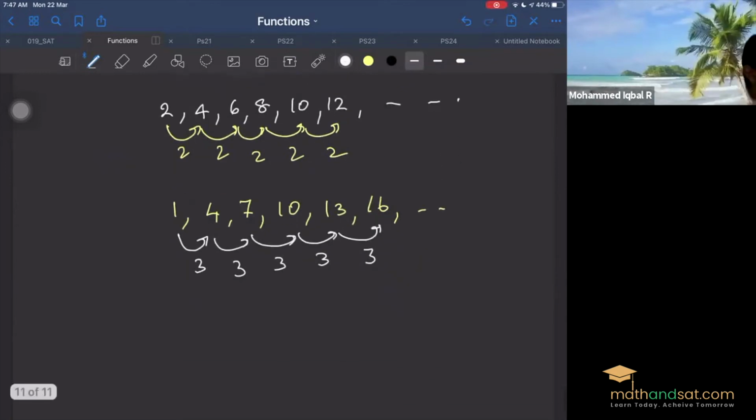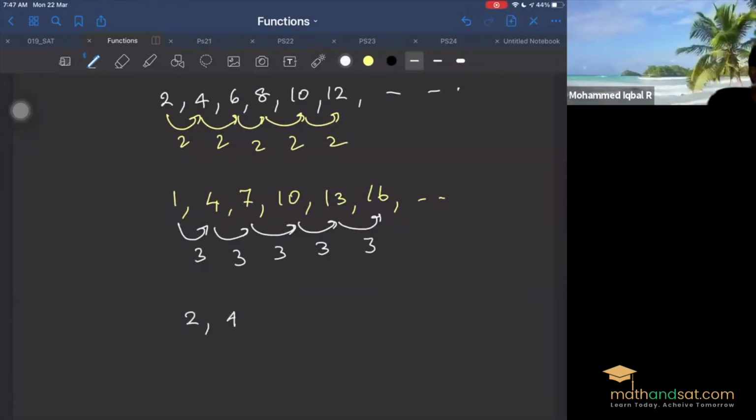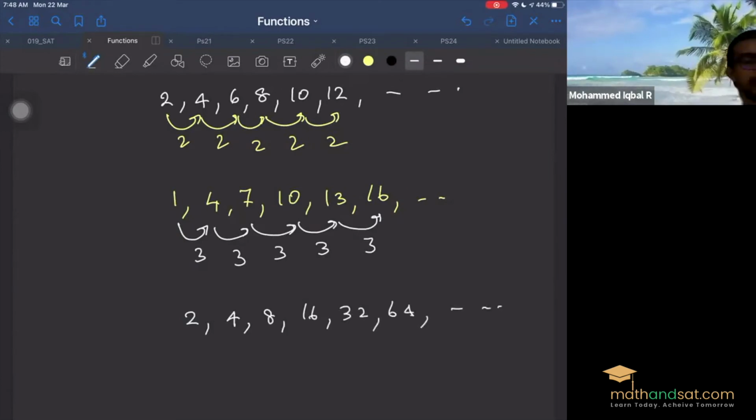Now tell me, is this an arithmetic sequence? 2, 4, 8, 16, 32, 64. Is this an arithmetic sequence? Please give me a yes or no.